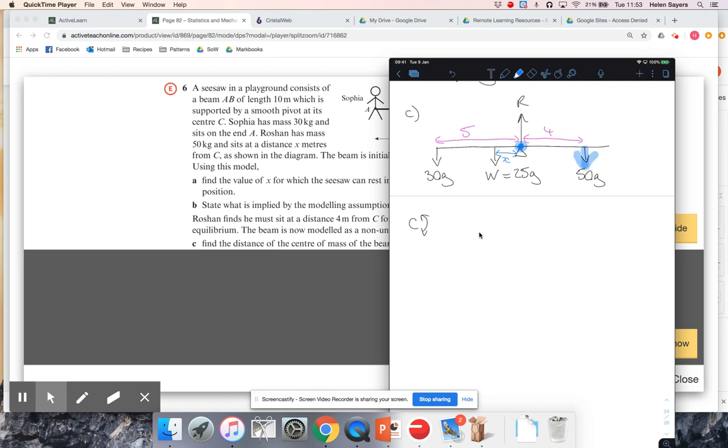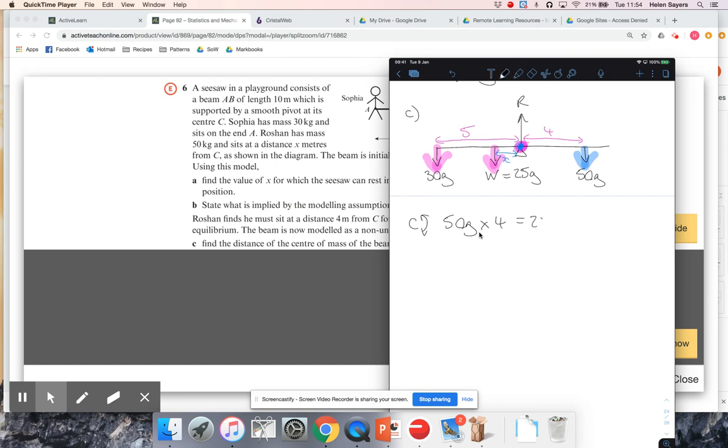If C is my pivot, that force is going to be trying to turn the whole thing clockwise. So that's 50 G times a distance of 4 meters from C, and that's the only clockwise moment. Then these two are both going to be trying to turn it anticlockwise. If you imagine there's a pin there, it's pivoting there. Pushing down on the left-hand side will turn it anticlockwise.